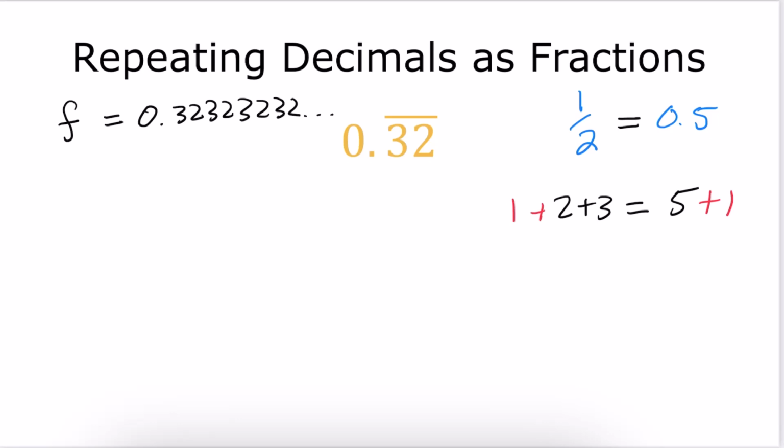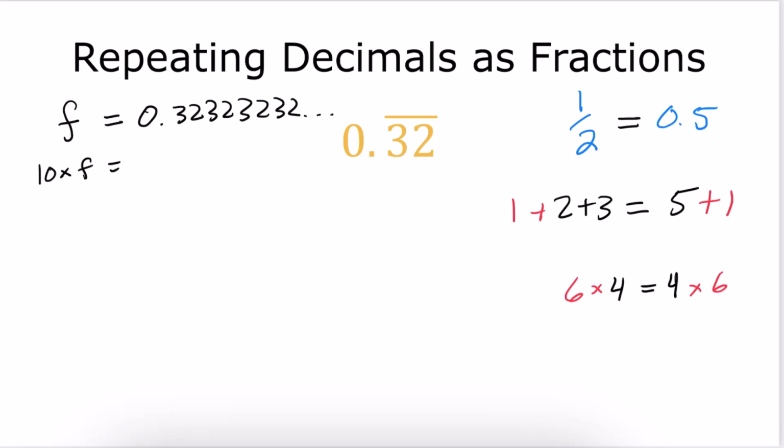And then you could say, okay, what if we had a really easy equation like 4 equals 4? If I multiply both sides of the equation by the same thing, is that still true? And they'd say, yeah, that's still true. If you multiply both sides by the same thing, it's equal. And so you'd say, okay, well, what happens if I do 10 times f? What does that equal?